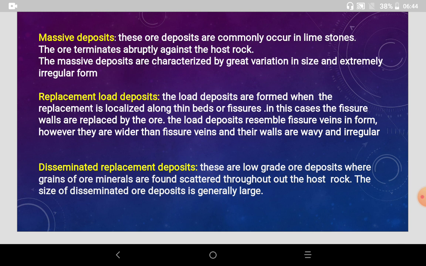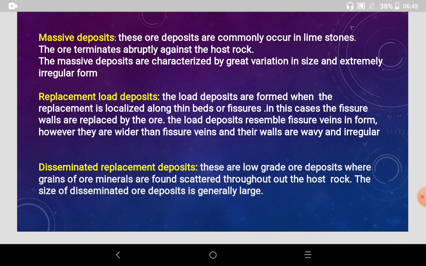In disseminated deposits, the disseminated deposits represent multiple centers of replacement and consist of altered host rock and disseminated ore grains. For example, porphyry copper deposits.